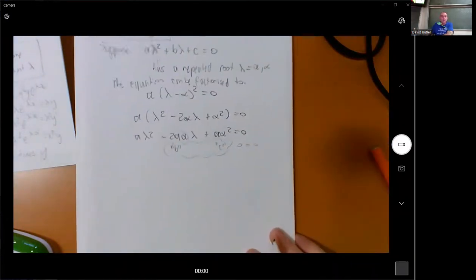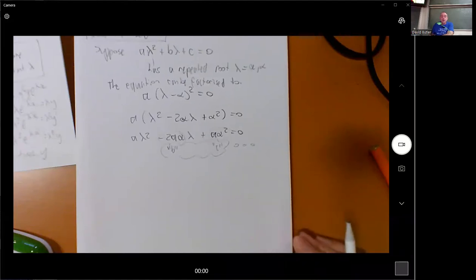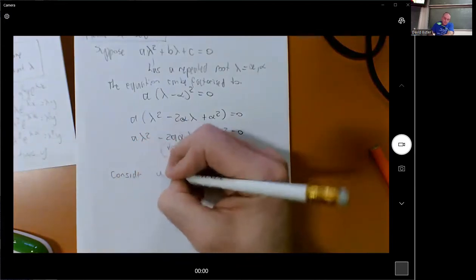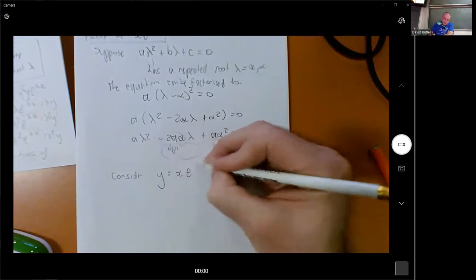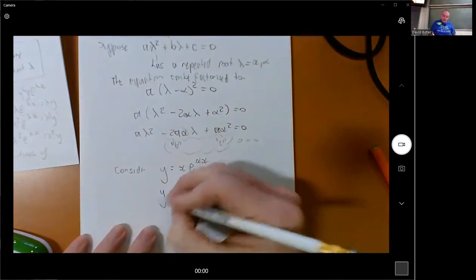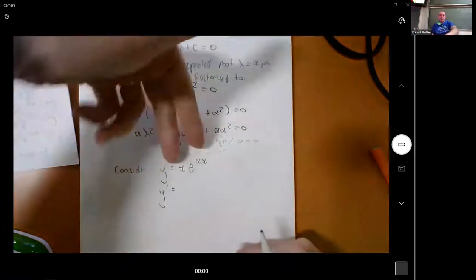Okay. All right. And so what we're going to do is we're going to show that x e to the alpha x really is a solution. Then y dashed would be product rule because I've got two things that both involve an x.